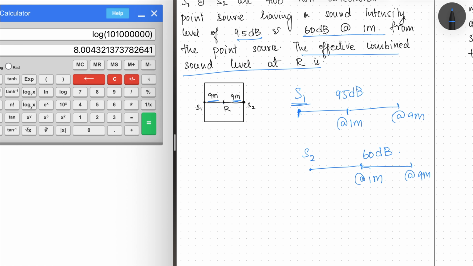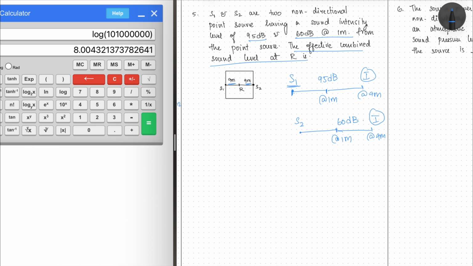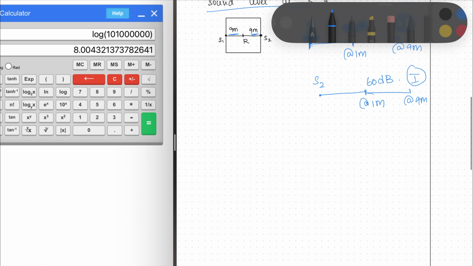Okay, so we have to find this intensity level at here and then add these together to find the total effective combined sound level. Okay, so we'll consider our source 1 now.